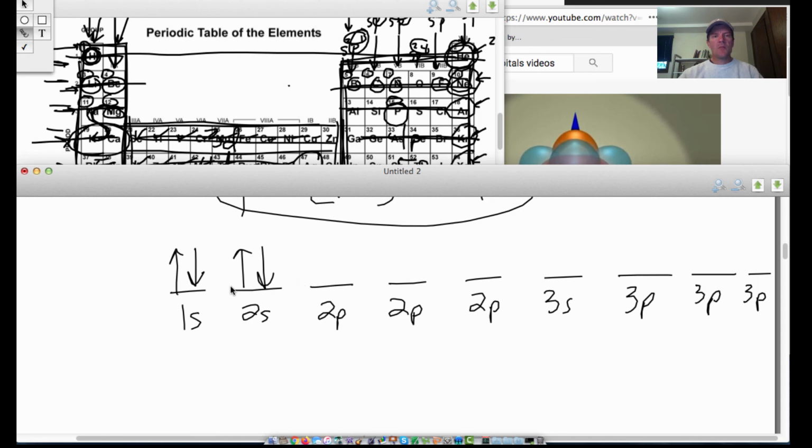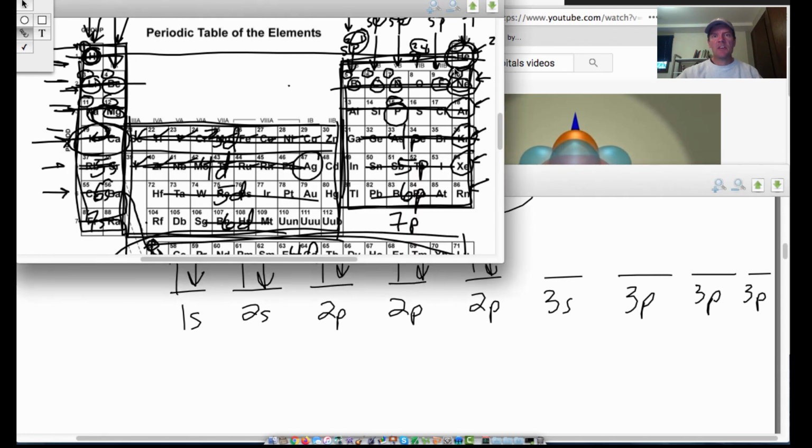So my 5th electron is going to go in the first 2p, my 6th electron is going to go in the second 2p, and my 7th electron is going to go in the third 2p. Then if I've got more, which I do, I go back and double them up. So there's my 2, 4, 6, 8, 10, my first 10 electrons. The first and second energy levels are full.